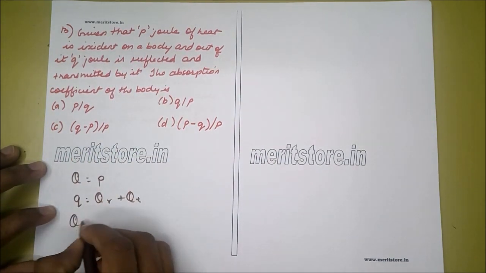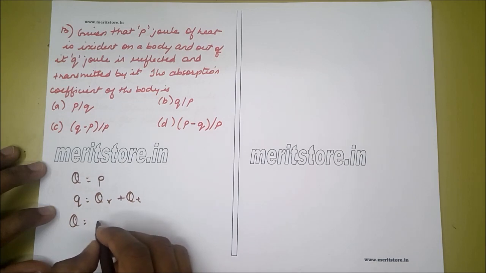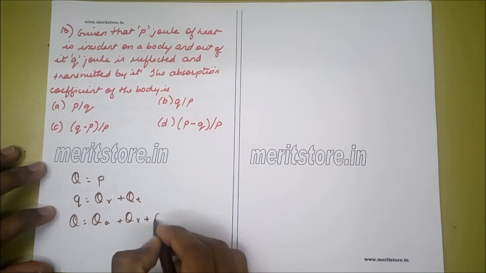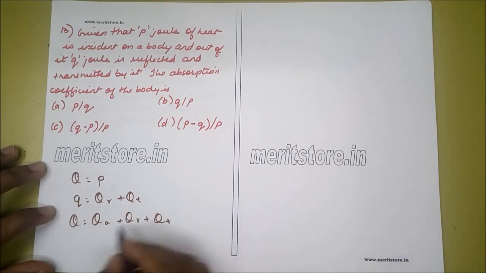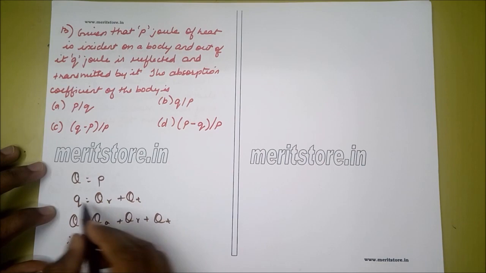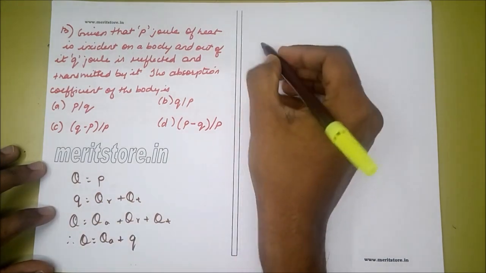Now we know that the total heat is distributed into 3 forms, that is heat absorbed plus heat reflected plus heat transmitted. Let's write reflected plus transmitted as small q.